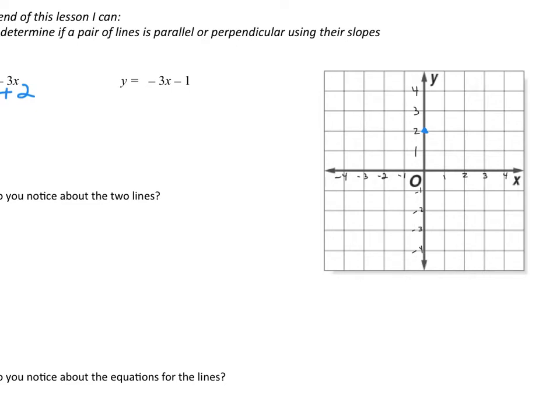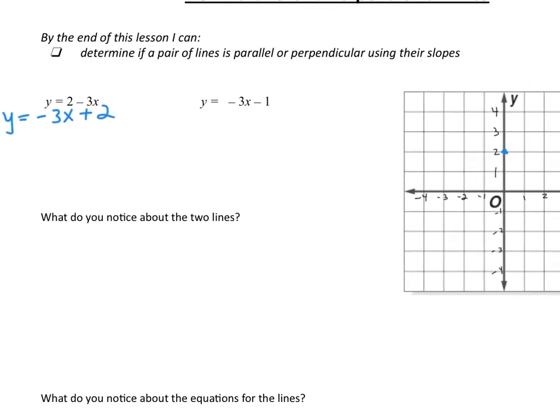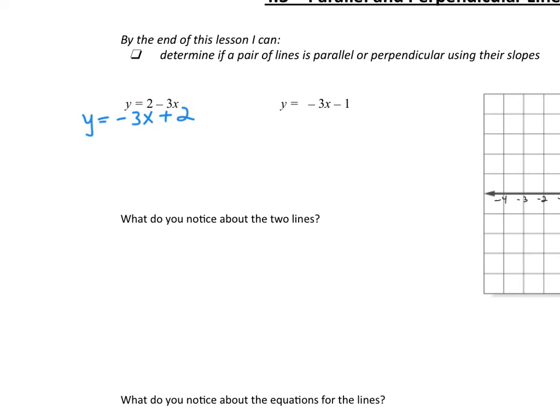Now we need to figure out the direction that we're going to move along the Cartesian plane. So we're going to go back to our equation and pay attention to the slope. The slope of this equation is negative 3. If I rewrite that as a fraction, it's really just negative 3 over 1. Remember that the numerator value represents your rise.